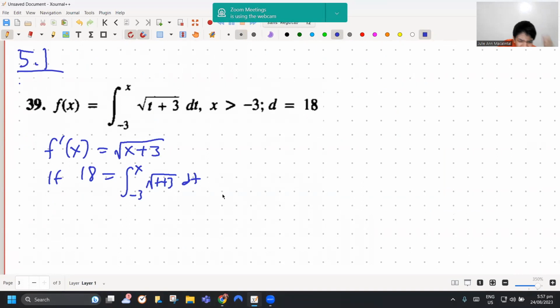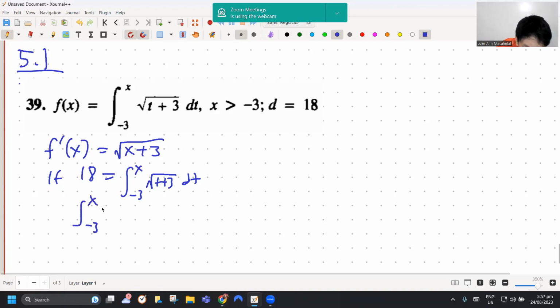Kailangan natin i-integrate: (t plus 3) to the 3 halves over 3/2 from negative 3 to c.